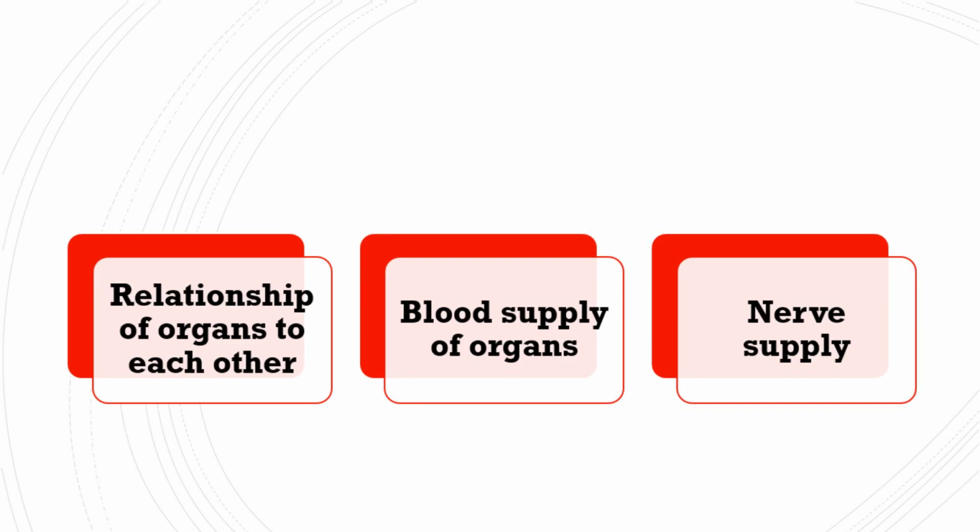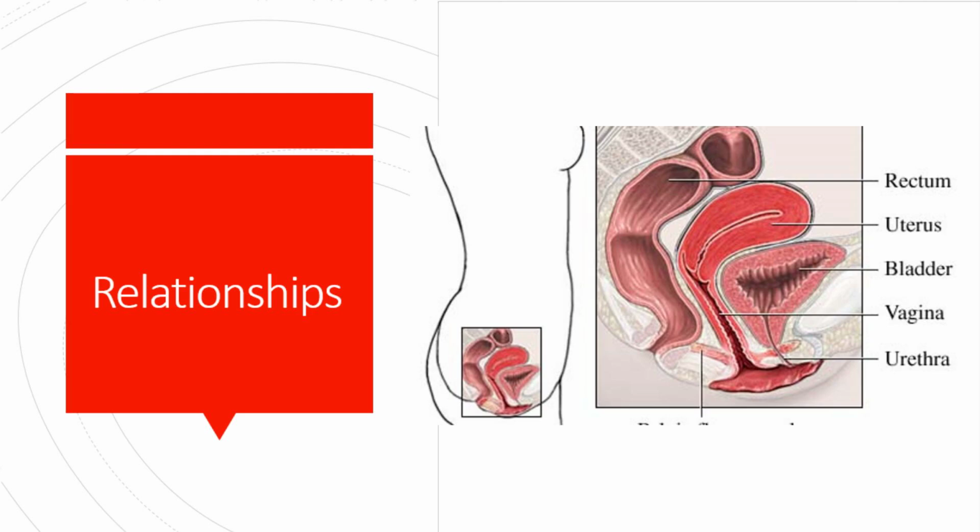It is important to know the relationship of organs with each other, their blood supply, and nerve supply. The bladder is located anteriorly in the pelvis, just behind the pubic symphysis. The urethra, a short tube that extends from the bladder to the external urethral opening, lies anterior to the vagina.